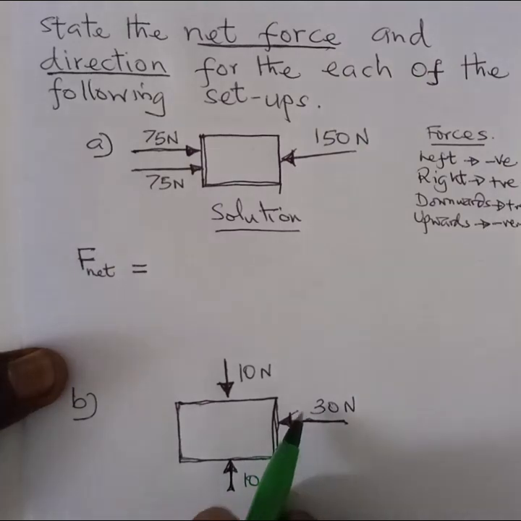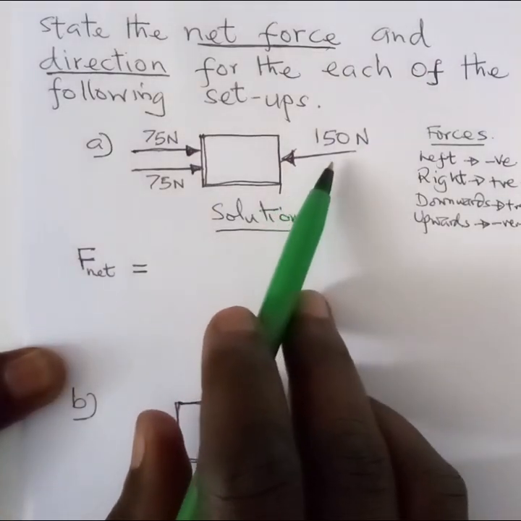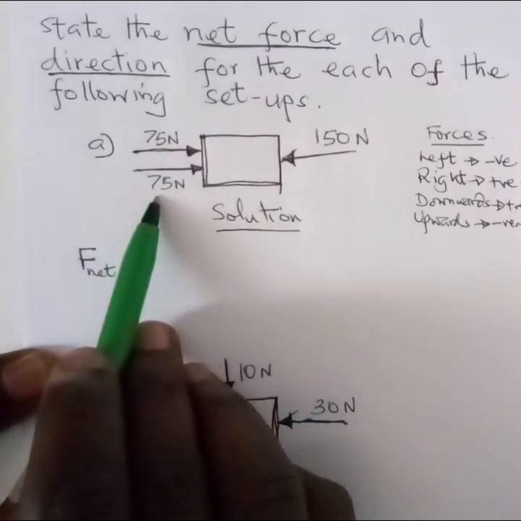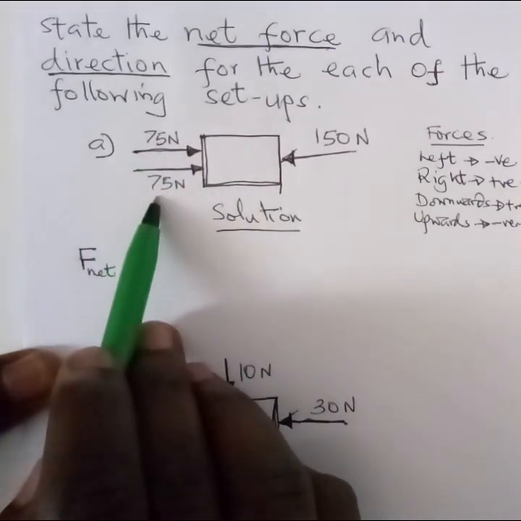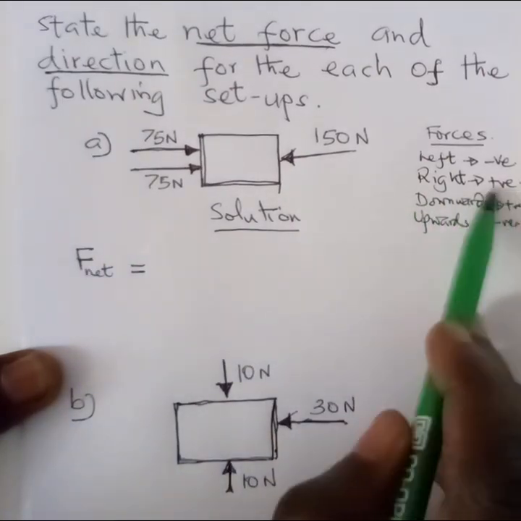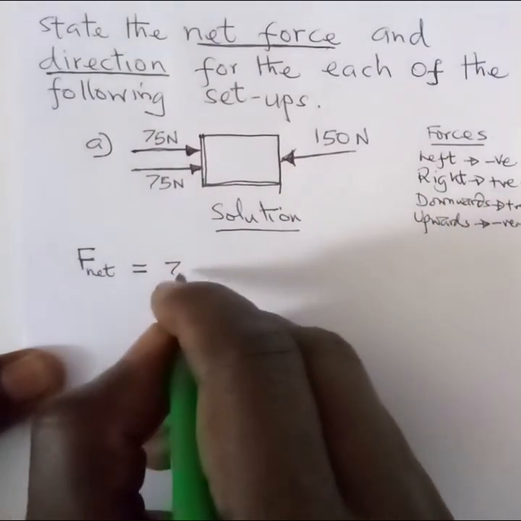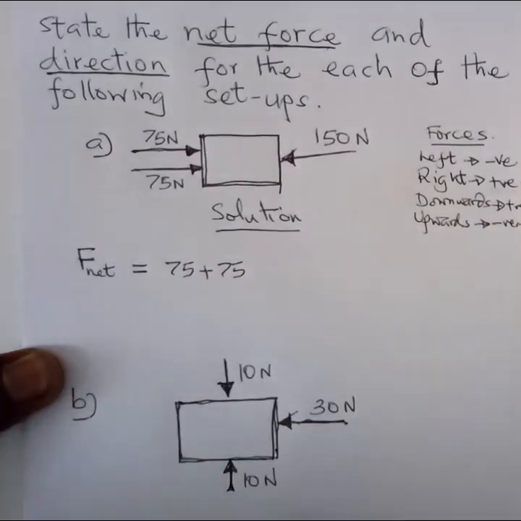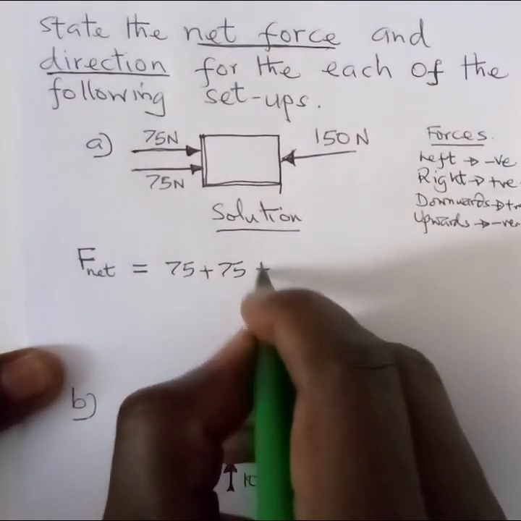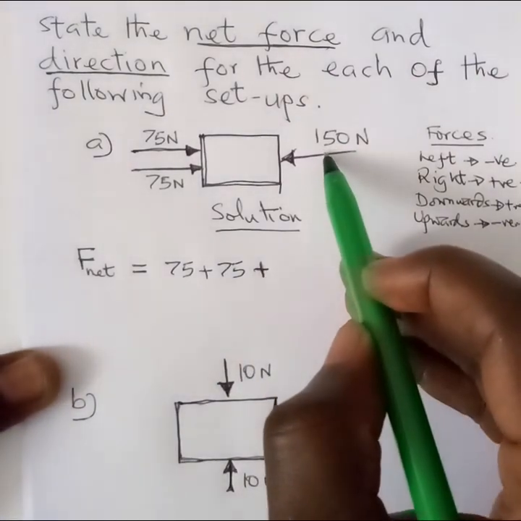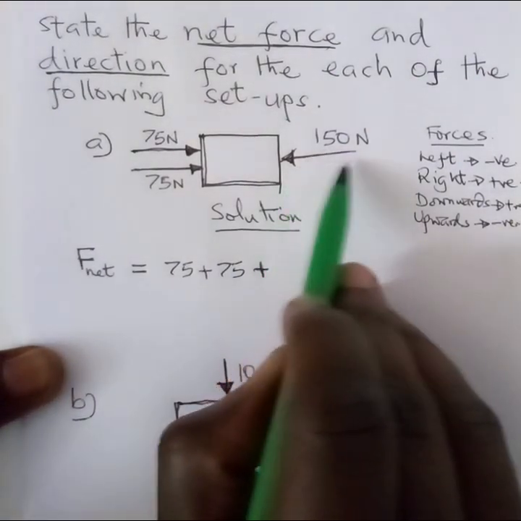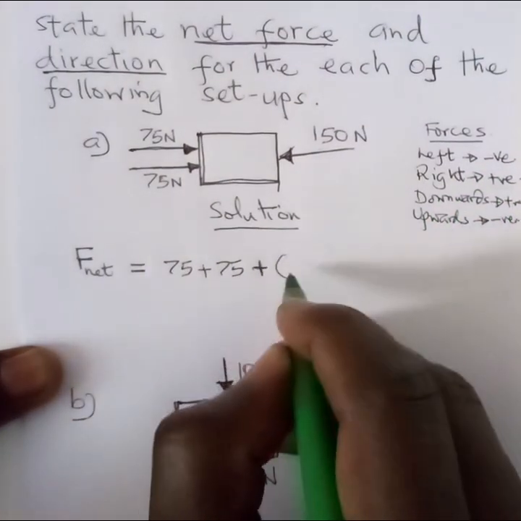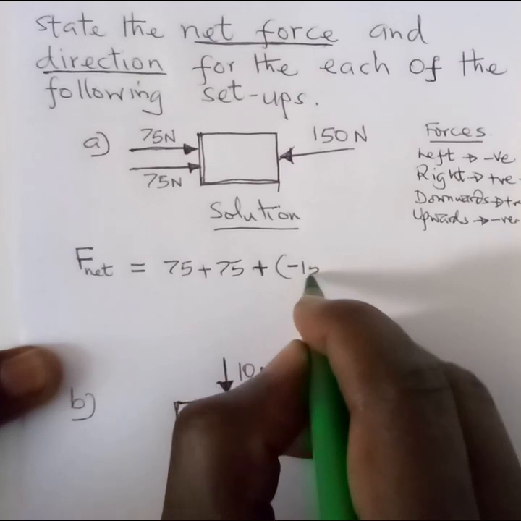So we have forces to the right, 75 and 75, and we should consider them positive. So we have 75 plus 75, plus the other force, 150, and it is to the left. Therefore, it is negative, so it will be negative 150.